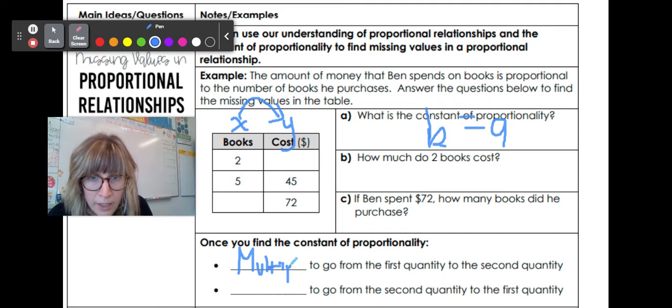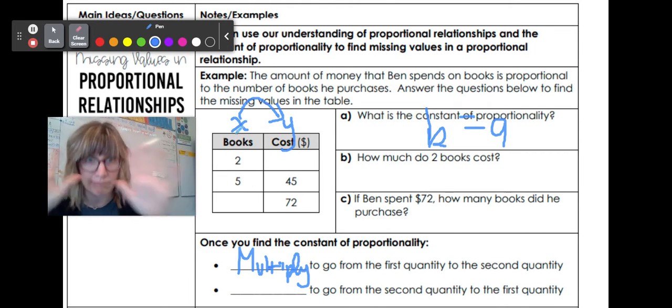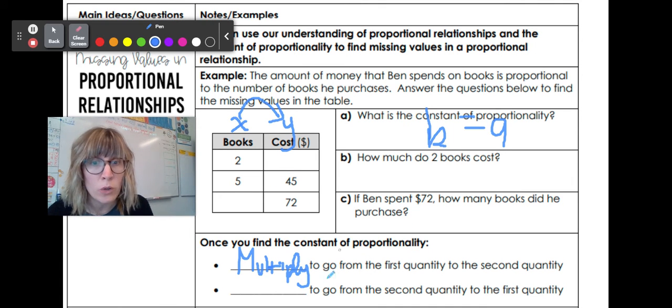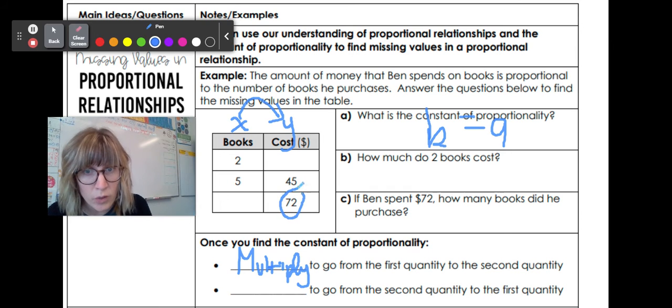If you are given the X, in order to solve for the Y, you can multiply. If you're given the cost, in this case the output, the Y, in order to start, like we did with our 72, we can divide. And in this case, we divided by 9. So you can divide.